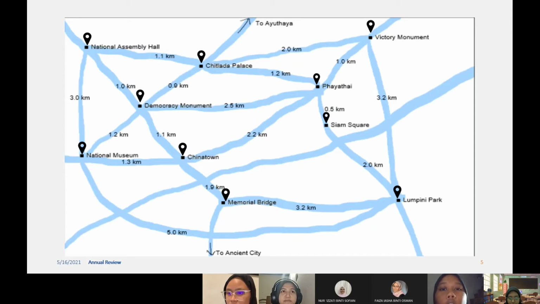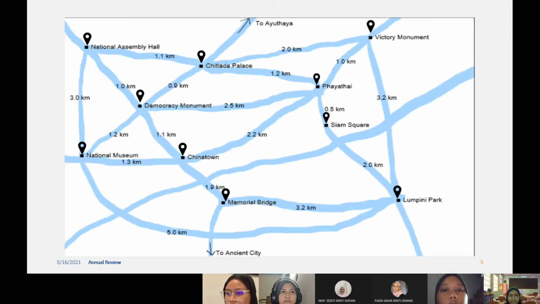Then the available routes are to Chilada Palace and to Lumpini Park. Between these two, Chilada Palace is 2.0 kilometer, whereas Lumpini Park is 3.2 kilometer. So the chosen one will be Chilada Palace, which is 2.0 kilometer.